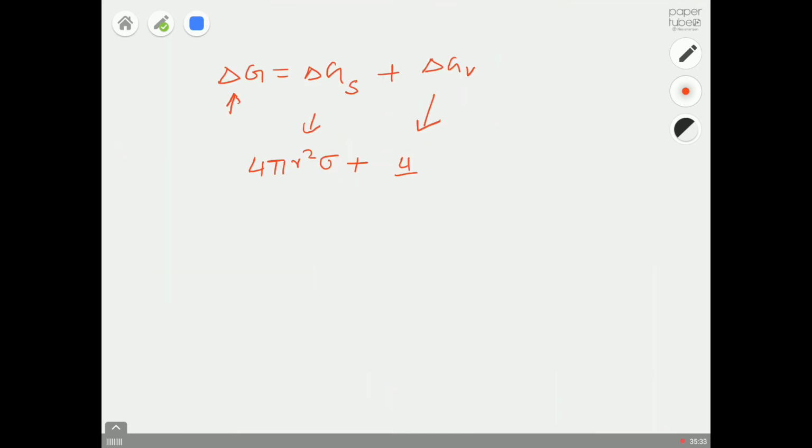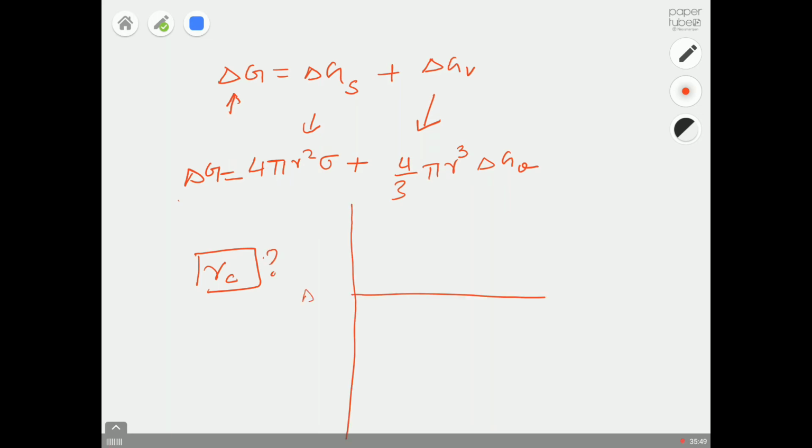So 4 by 3 pi r cube multiplied by delta G small v, so delta G. From this we need to calculate RC. So how to do that? If you go back to this graph, delta G versus R, this is the sum of your delta GS plus delta GV.